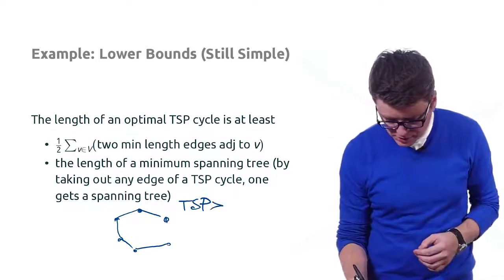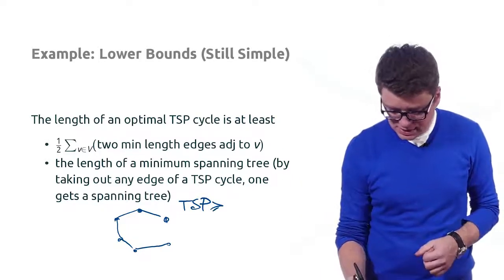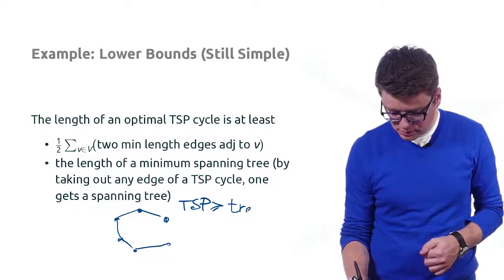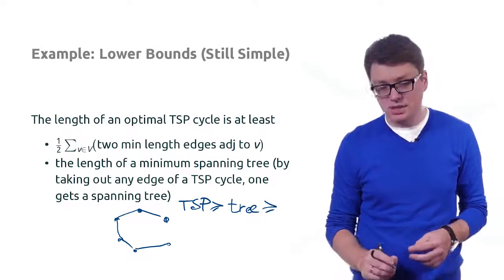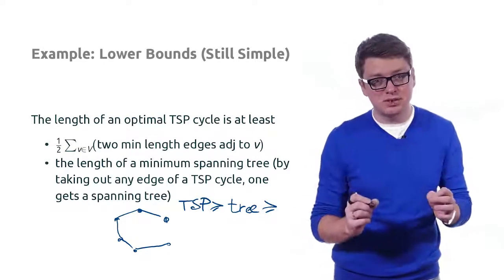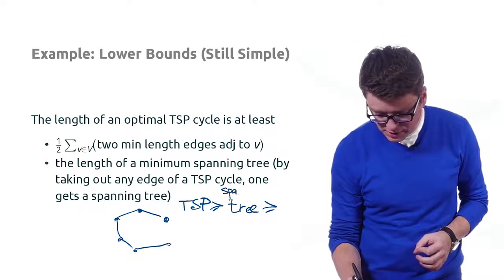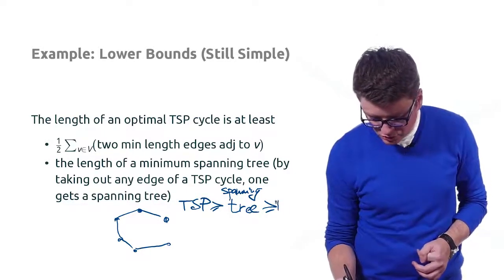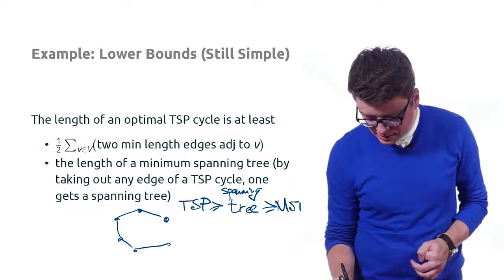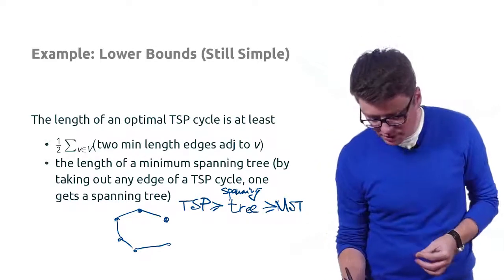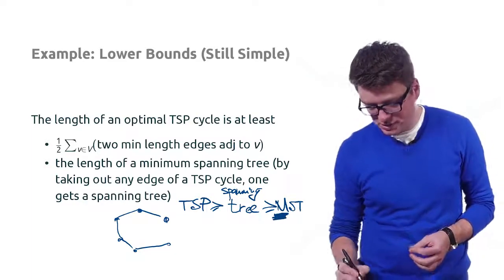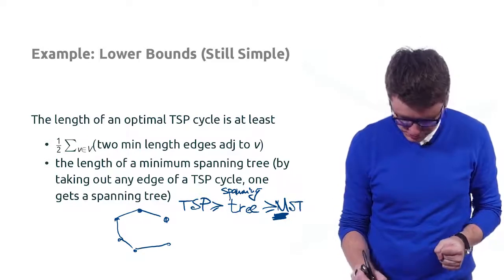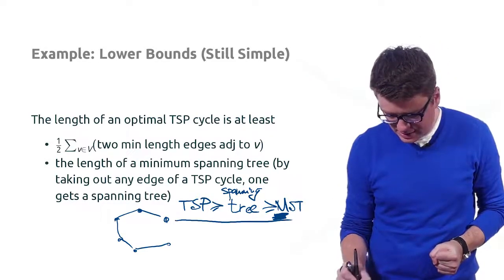So what we know is that TSP is at least the weight of this particular tree, right? This is a spanning tree. And the weight of this spanning tree is definitely at least the weight of the minimum spanning tree, because the weight of the minimum spanning tree is the smallest one, right? And this finally proves that the weight of the optimal TSP cycle is at least the weight of the minimum spanning tree.